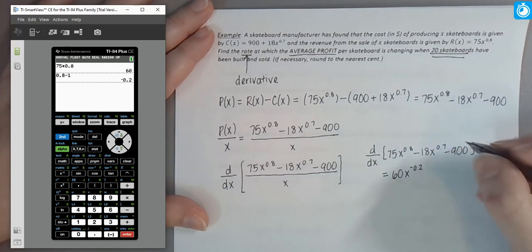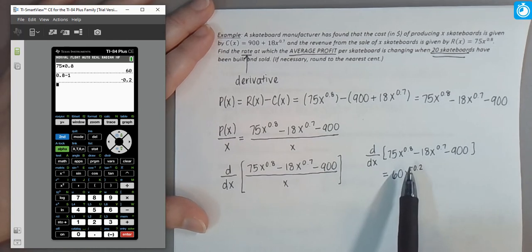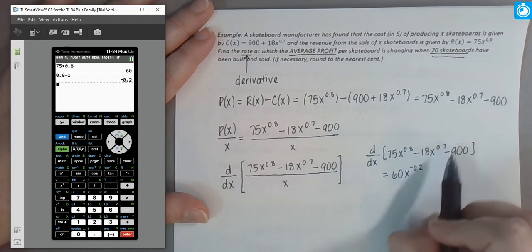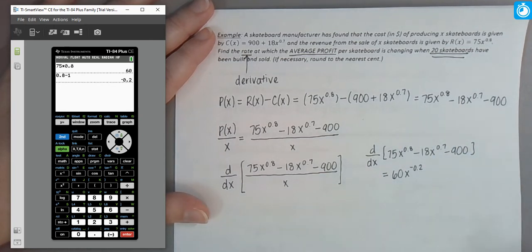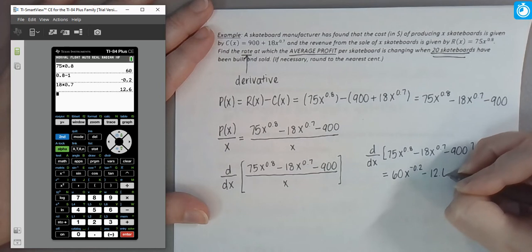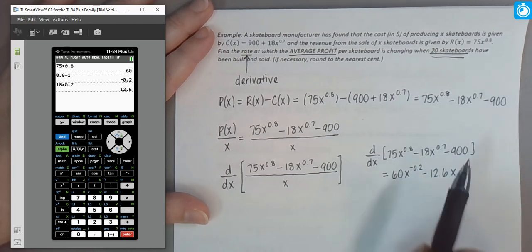So let's verify that. 0.8 minus 1 will be the negative 0.2 power. And we know for a final answer we don't want negative exponents, but here we're still in the middle of the problem, so we're just going to leave it as a negative exponent for now. Same thing for the next term. Bring down the exponent. It's going to be a negative term. So 18 times 0.7 is going to give us 12.6 times x to the 0.7 minus 1.